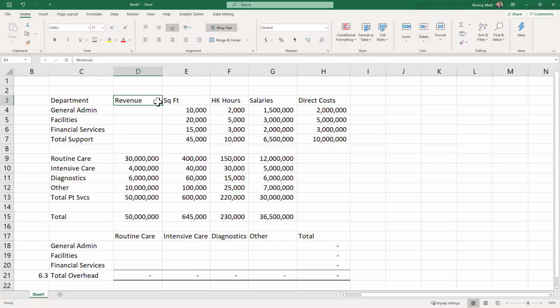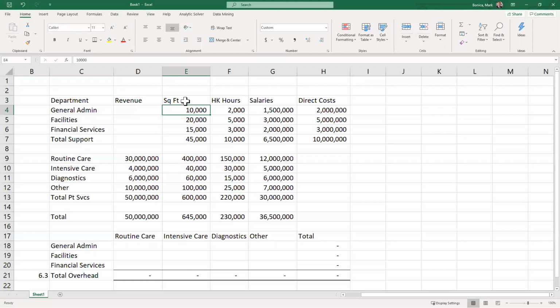Going across the top, we have the revenues generated by department. Notice that the cost centers, consistent with their definition, generate only costs and no revenues.